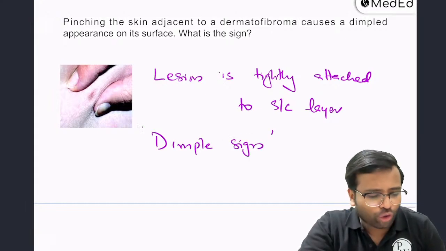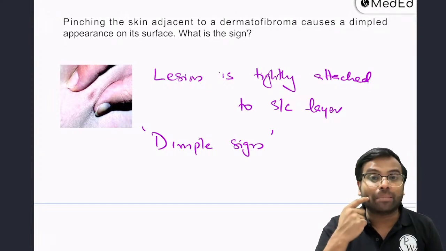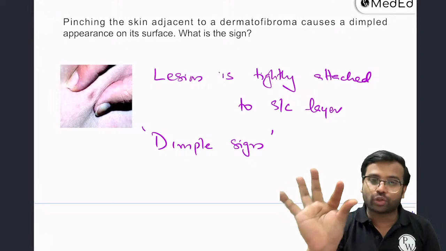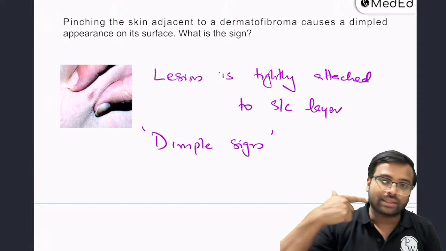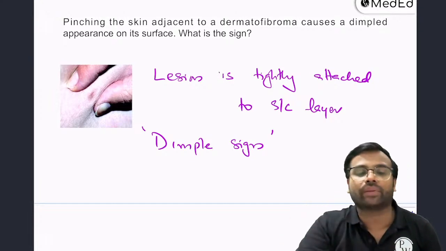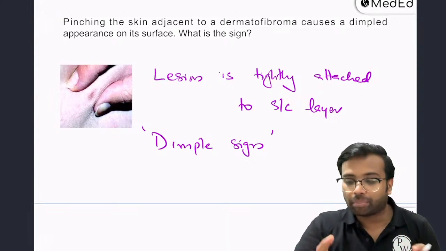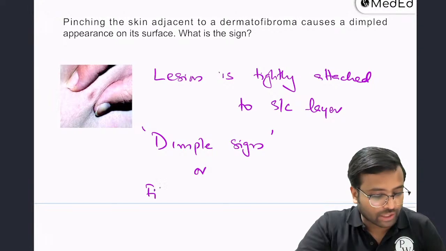So I'm sure that all of you know what a dimple is. So this is called the dimple sign because whenever you pinch on the adjacent part of the lesion, this lesion goes beneath the skin and there is a dimpling over the skin. That is why we call it the dimple sign. Please remember, this sign is also called the Fitzpatrick sign.